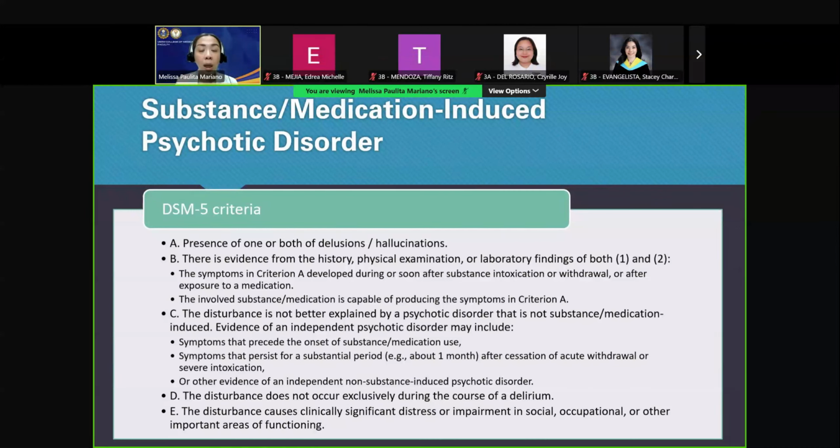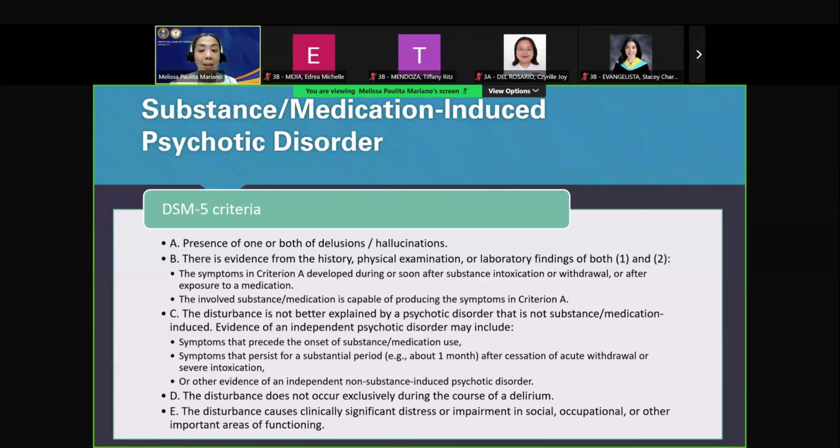And these include IV steroids, for example. For substances, the most common include cannabis, methamphetamine, and cocaine. So you must be able to logically prove that the medication is capable of producing delusions and hallucinations.